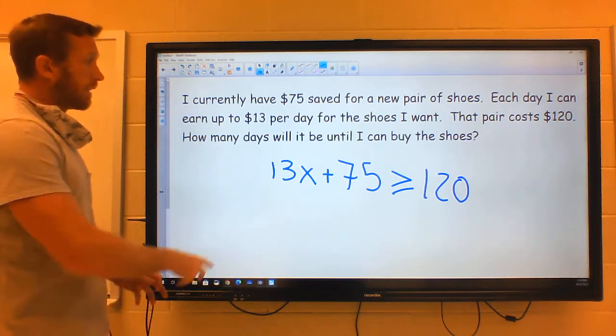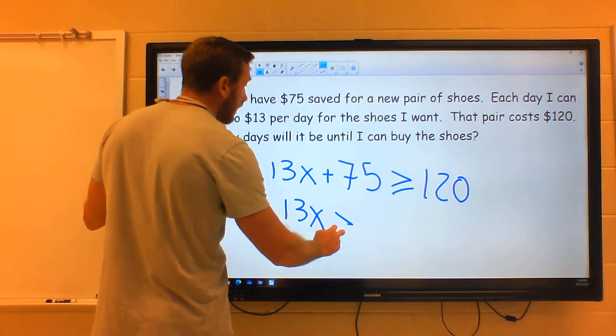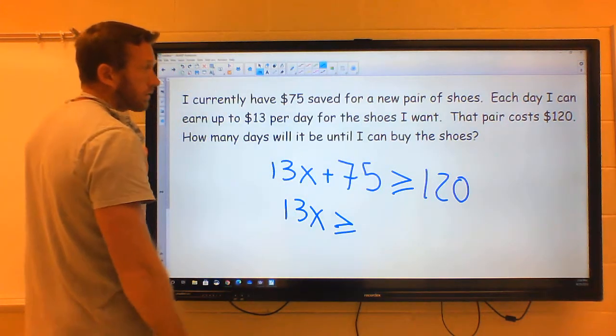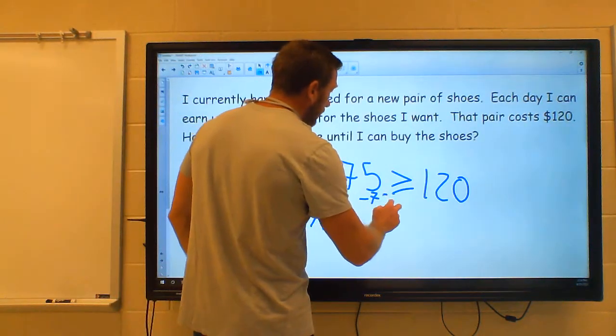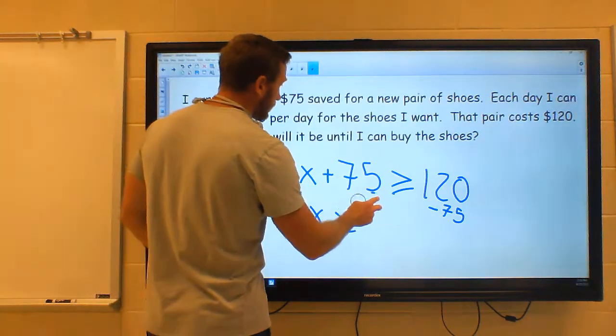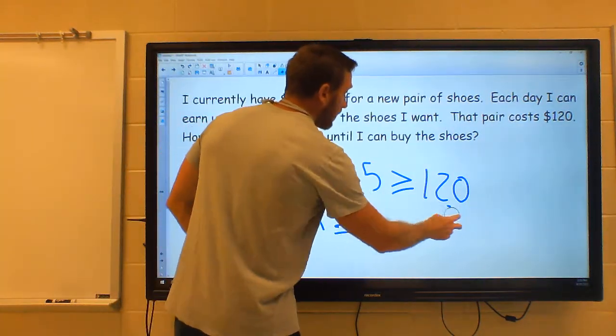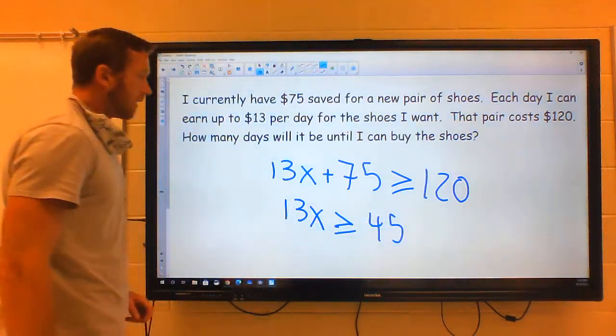Okay? Solve this out by subtracting 75. So 13x is greater than or equal to, I don't know, what is that when I subtract? What is that, 45? Okay, 120 minus 75 is 45, I hope.